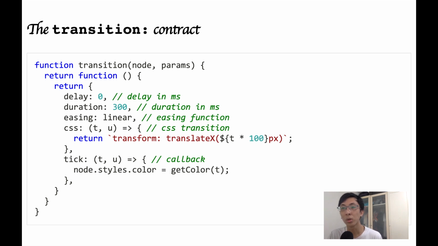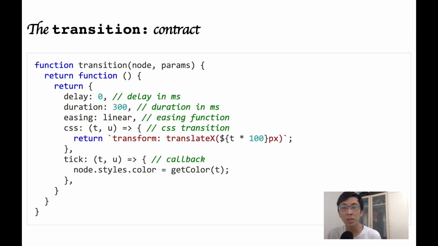The object should contain properties such as delay, in milliseconds, how long before the transition starts, duration, in milliseconds, how long the transition takes, easing, the easing function, which I'll explain later, together with CSS, a function that returns a CSS string, and tick, a callback function.